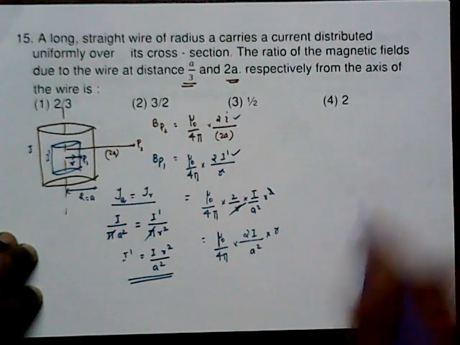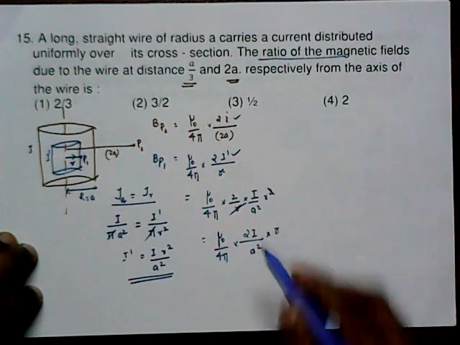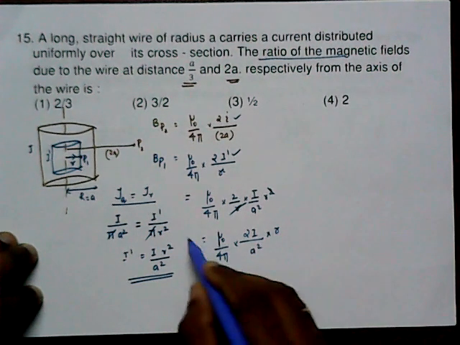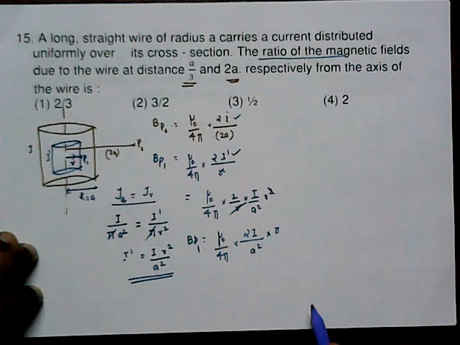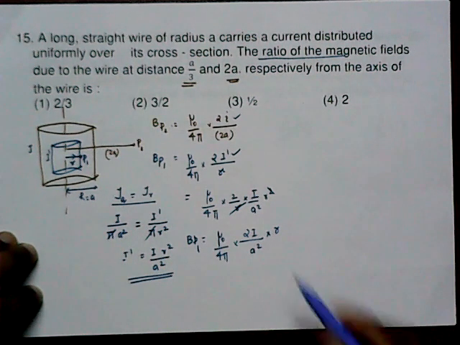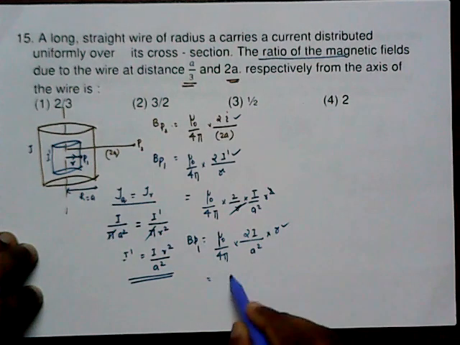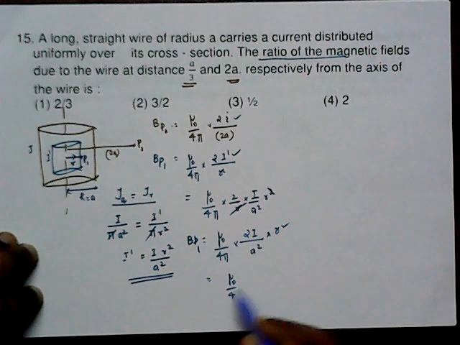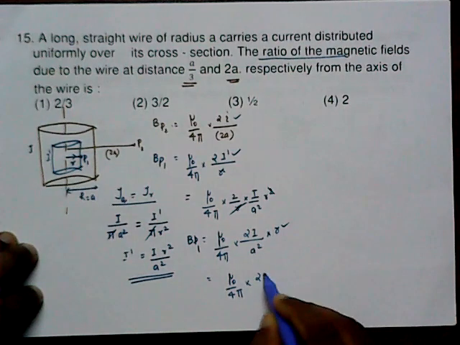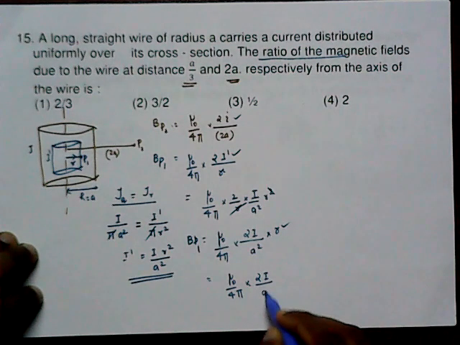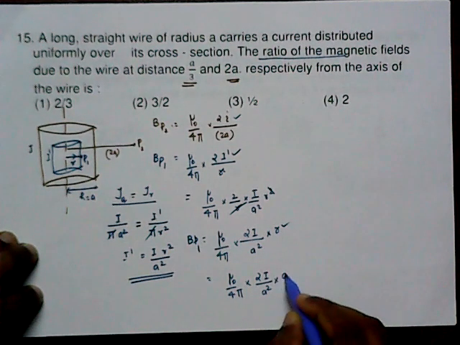But our aim is to find the ratio. So consider the contributions of 1 and 2. Here R is substituted with A by 3. So mu 0 by 4 pi into 2I by A square into A by 3.